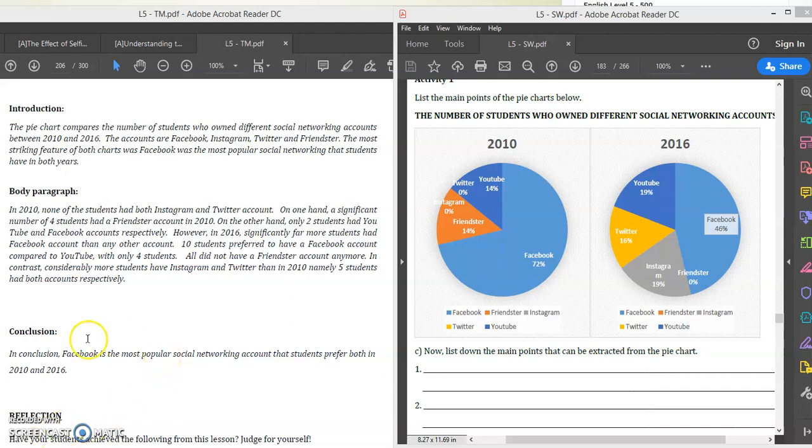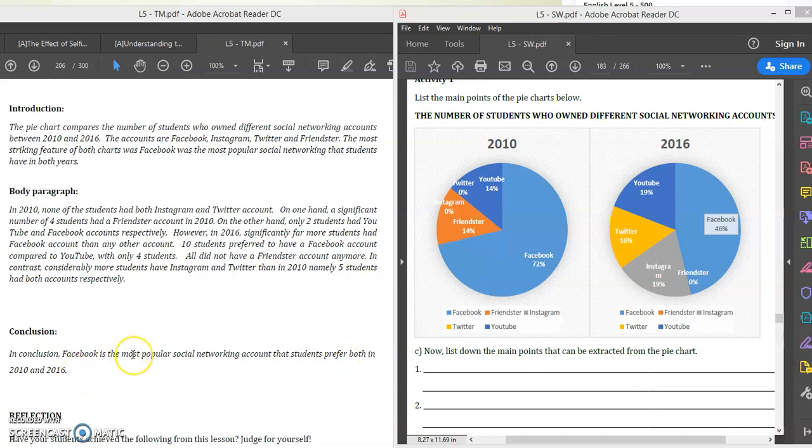And then finally, we have the conclusion. You only need one sentence for the conclusion. What was written here is the concluding remark, and it says Facebook is, I think it's supposed to be was, not is. This is a mistake. Facebook was the most popular social networking account that students preferred in both 2010 and 2016.